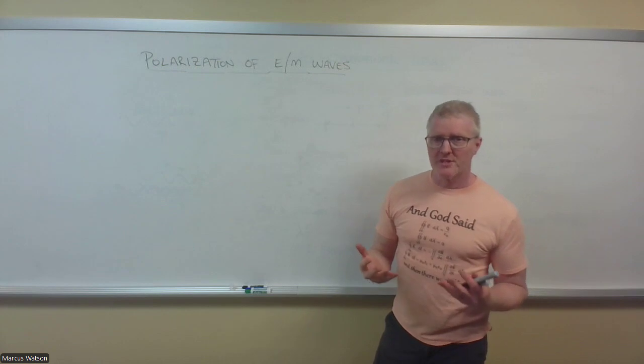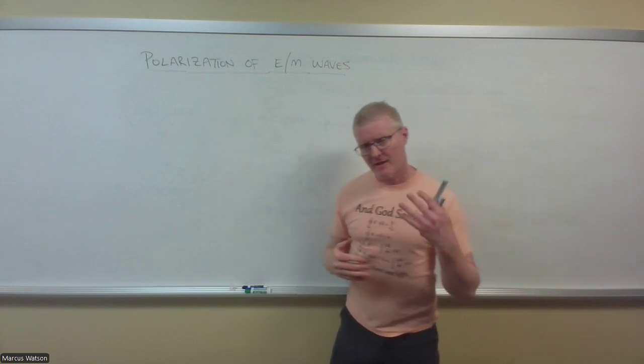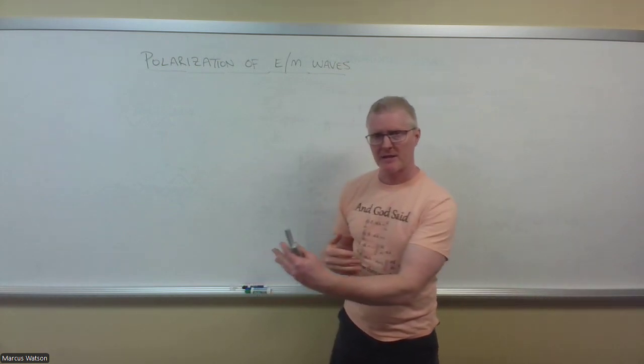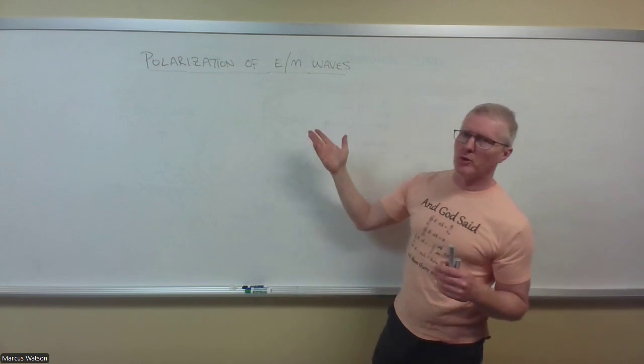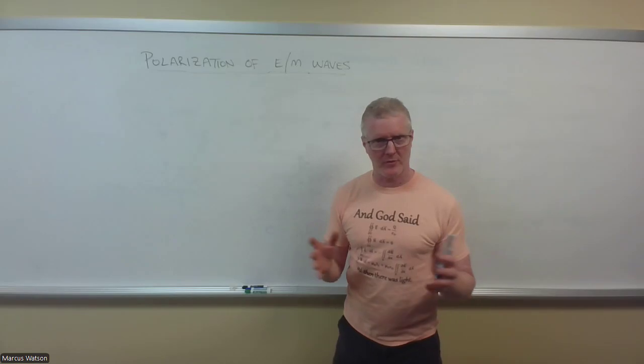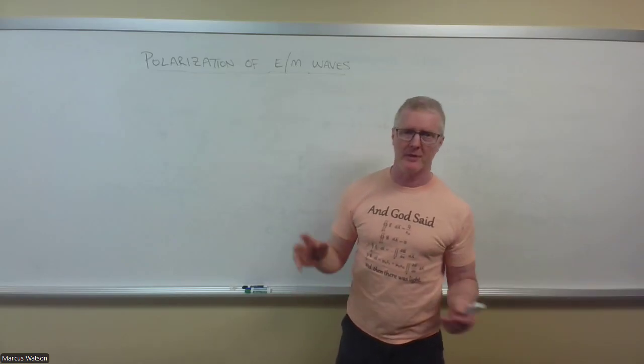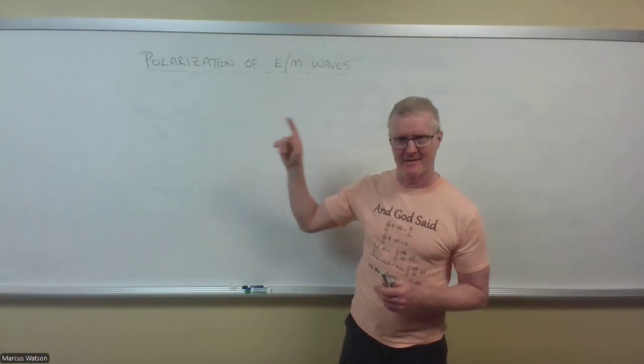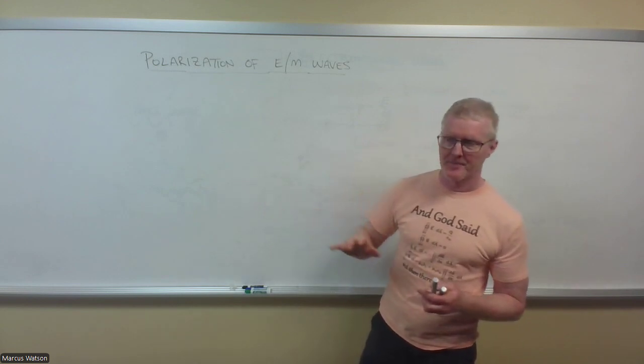The word polarization, once again, if you've taken the electricity magnetism course, you will have run into polarization as something in which you are separating electric charges from one another. The positives over here, the negatives over here. This is not that. This is something that's different from that.